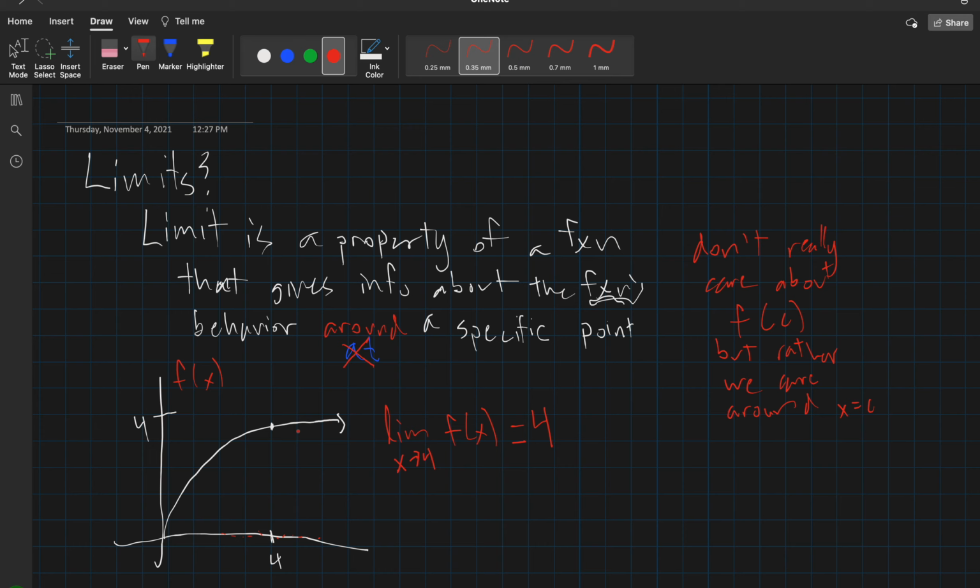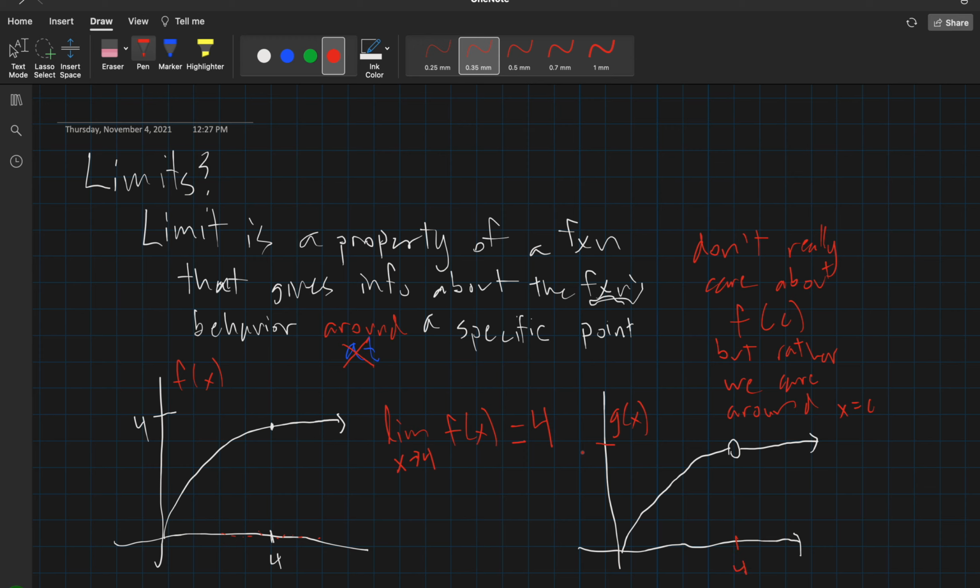And now let me draw another example. This is going to be the same function but slightly different. So now let's call this g of x. This is still 4.